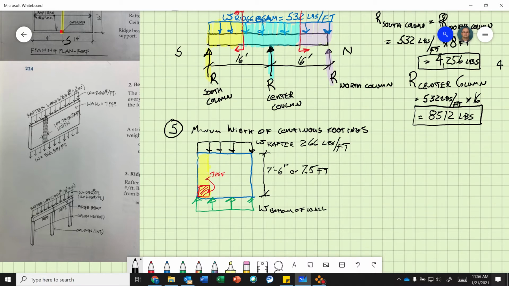Okay, so to do that, we take 7 pounds per square foot times the height of my wall, which is 7.5 feet, and I get pounds per foot. So 7 times 7.5 is 52.5. Let's see, so I stay consistent with the book here.